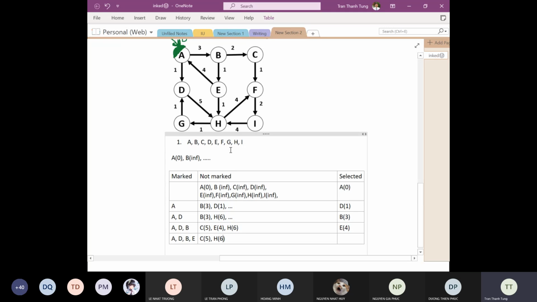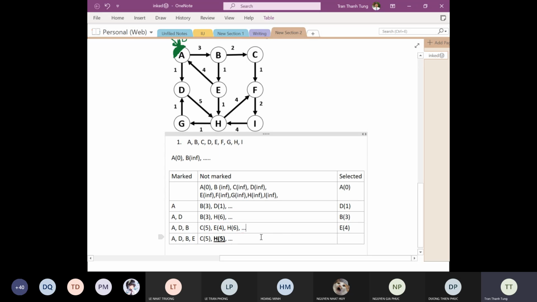So we can update to 5. We update because it changed. There was one path from A to D to H, that is 6, but now we found a new path from A to B to E to H, it's just 5, so we update.